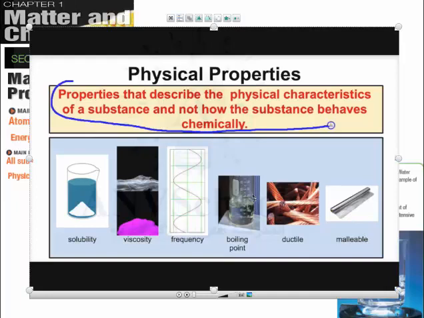All these properties describe the physical characteristics of a substance and not how substances behave chemically.